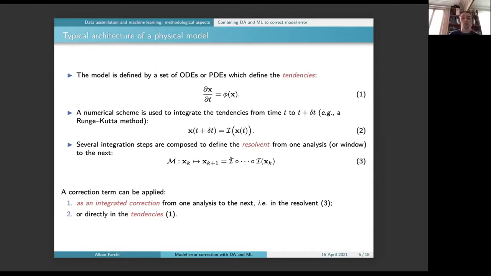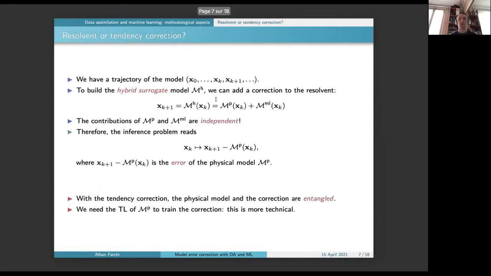And then we compose several integration steps in order to define what we call the resolvent from one time step to the next. And then we can apply a correction term either as an integrated correction from one time step to the next, that would be in the resolvent, equation 3, or we can directly correct the differential equation. So that would be a correction in the tendencies, equation 1.